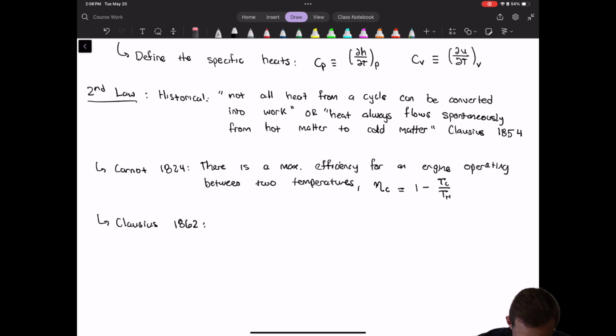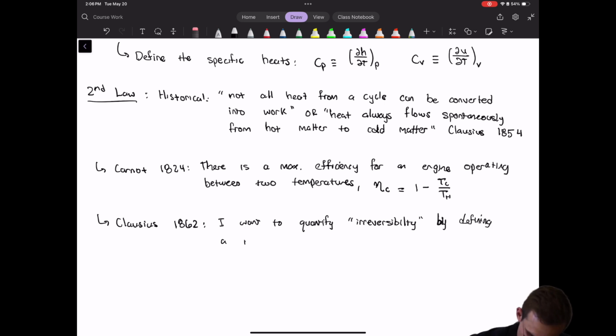Okay, so let's see. What he said in 1862 was, I want to quantify irreversibility by defining a new path independent state variable.